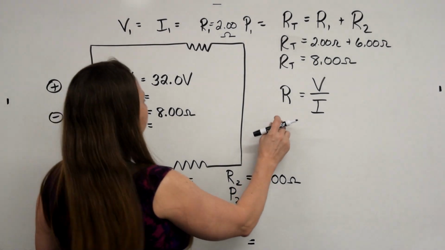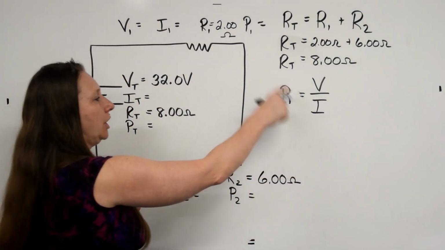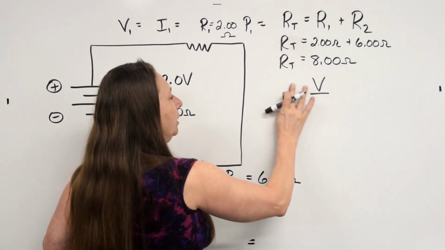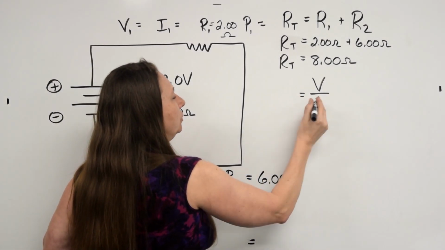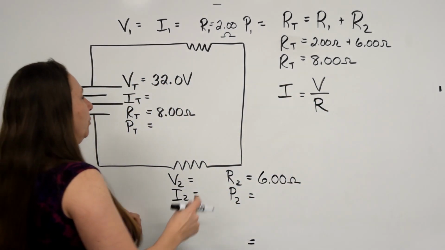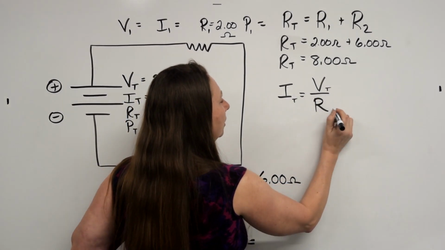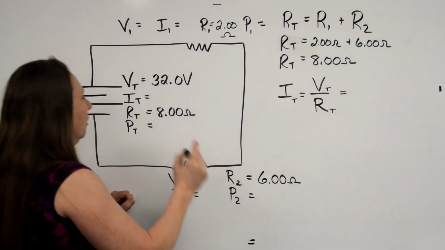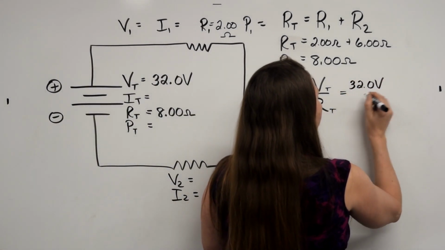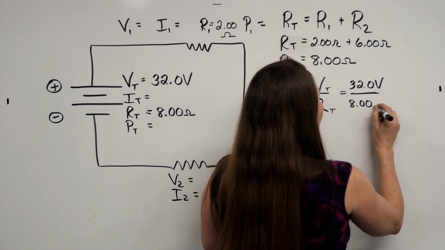All right, now, we want I total, so I'm going to switch I and R, switch the inverses. I goes up here, R goes down there. I equals V over R. We're trying to find I total, so I total equals V total over R total. All right, V total is 32 volts. R total is 8 ohms.